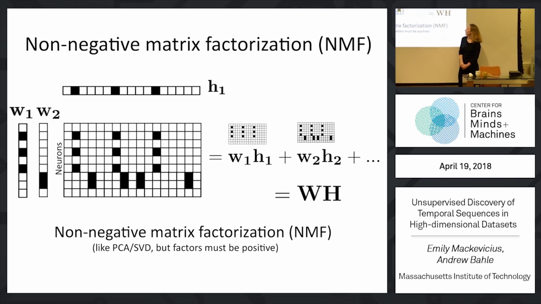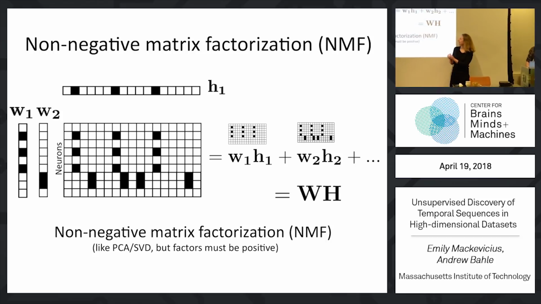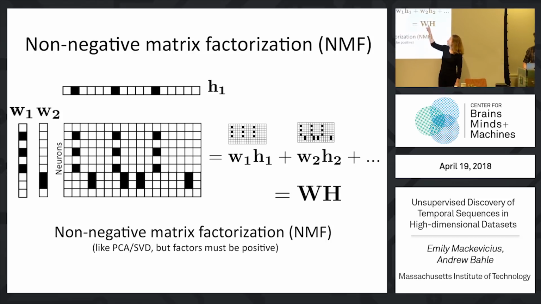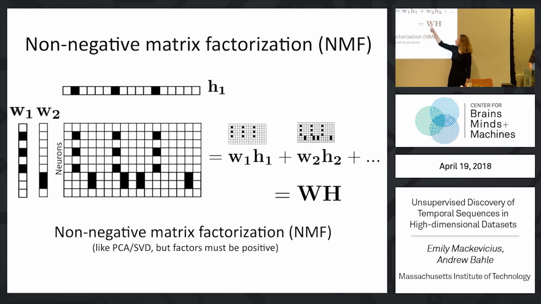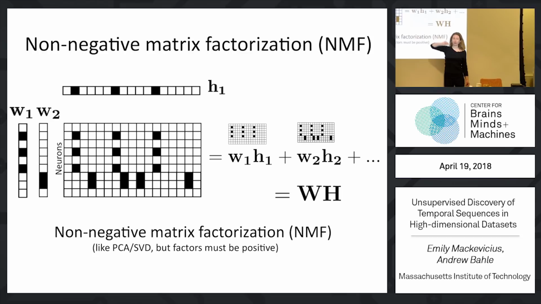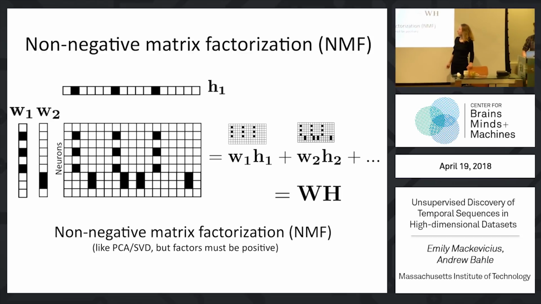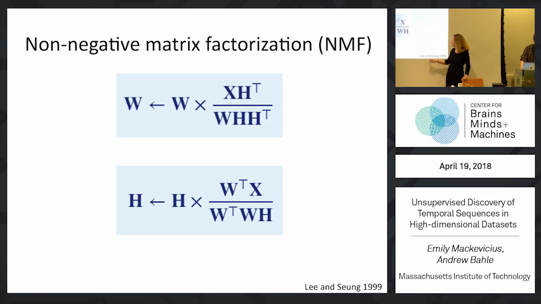And you can really succinctly write this down as the matrix containing all of the patterns, matrix multiplied by the matrix containing all of the time courses. And there are simple algorithms developed by Lee and Seung for estimating what the patterns are and the times at which they occur.